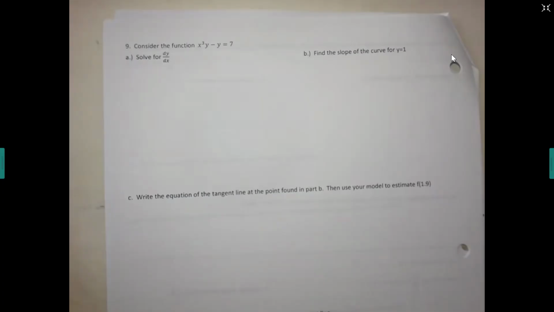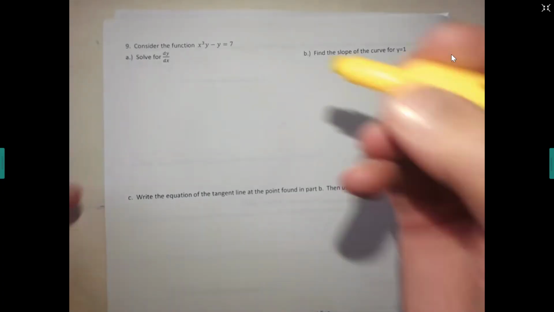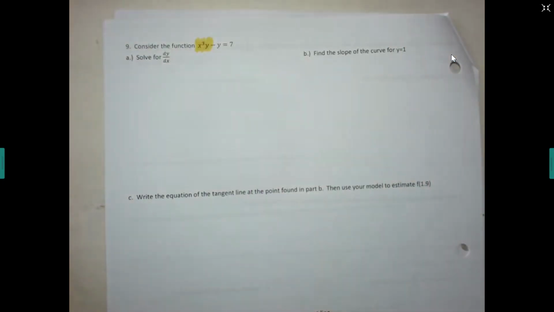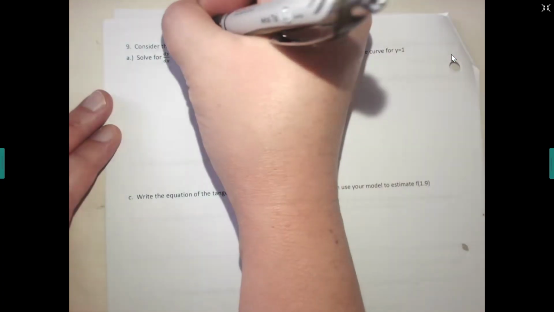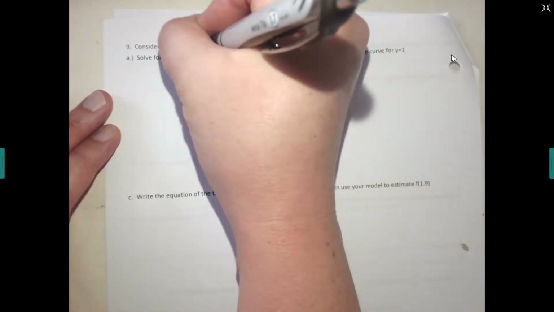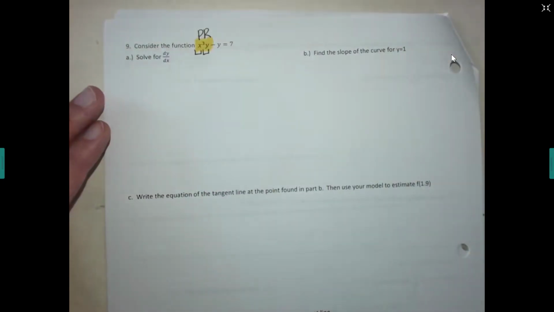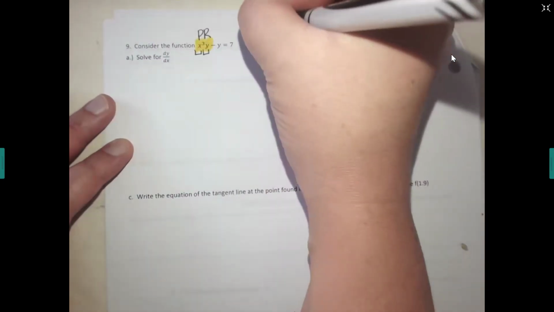Okay, so when you take the derivative of this term, it has x's and y's. You need product rule. Do you remember? Yes. Okay, so put PR, underline your pieces. So you have an x cubed multiplied by a y. So I'm going to put it over here to the side.